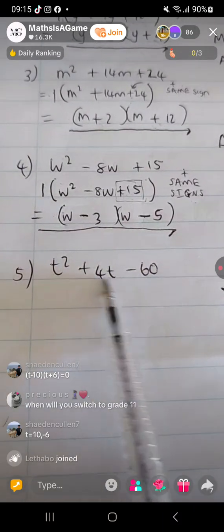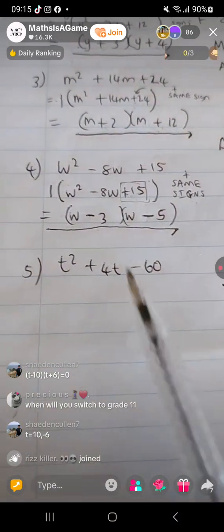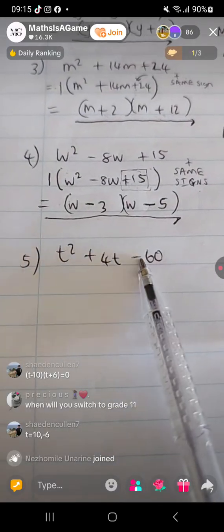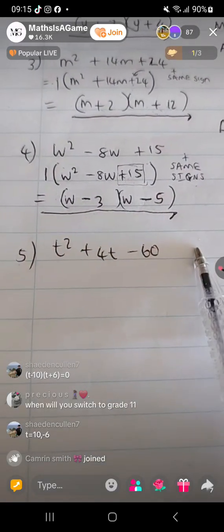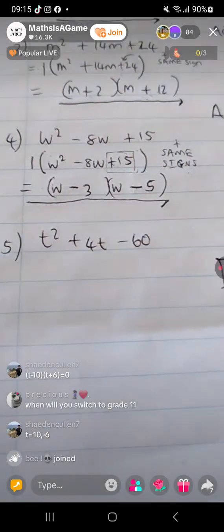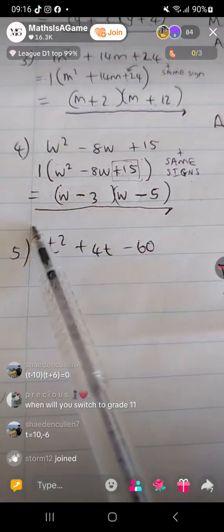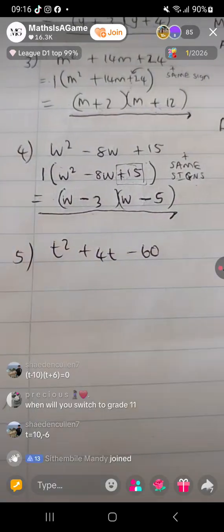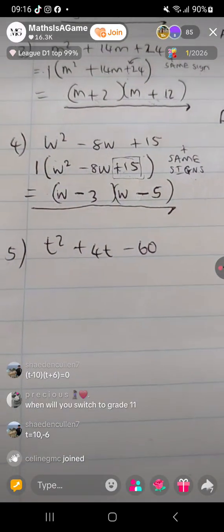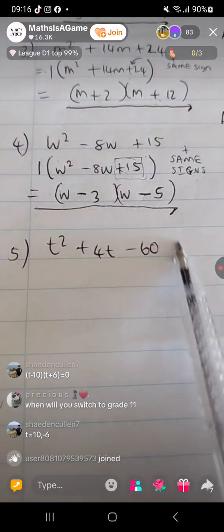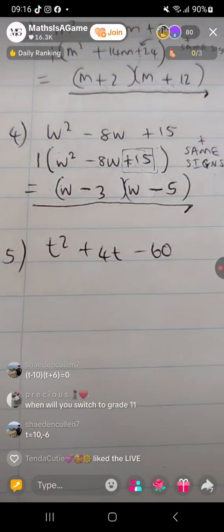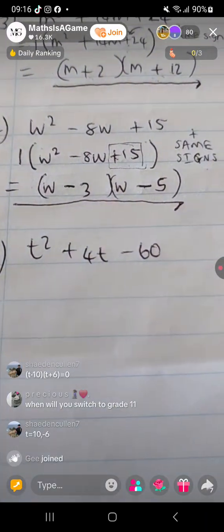There's a difference between an expression and an equation. If this was t squared plus 40 minus 60 is equal to 0, then you would say, okay, we need to solve for t. But here, this is an expression. We are not solving an equation. We are simply factorizing an expression. There's a difference.